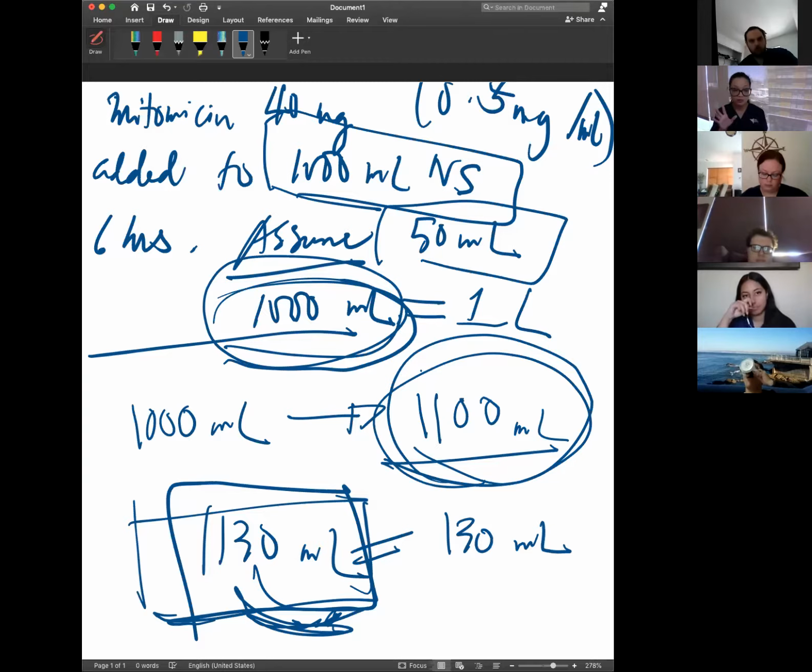But the problem also stated, assume 50 ml overfill on the 1,000 ml. Which means now you have 1,000 normal saline plus 50 ml overfill plus the diluent 80 ml, which you just computed, gives you 1,130 ml. Now, how much are you over 1,000 or 1 liter? 130 ml.